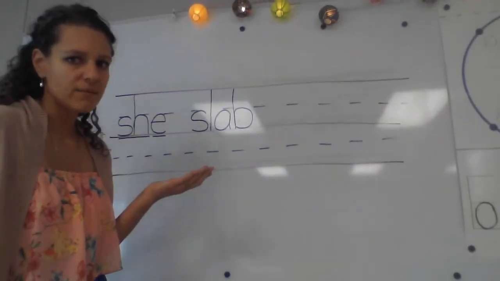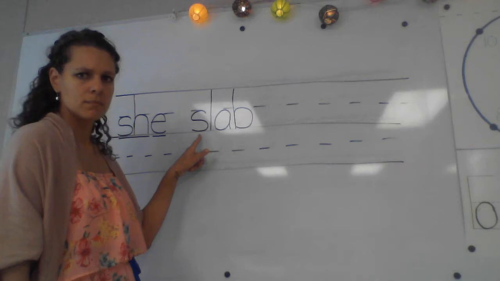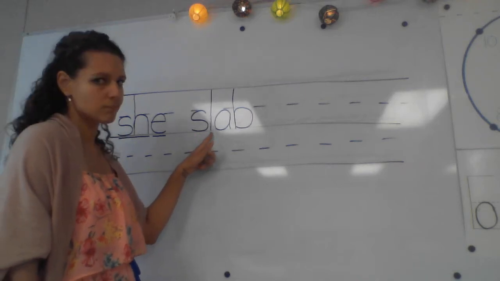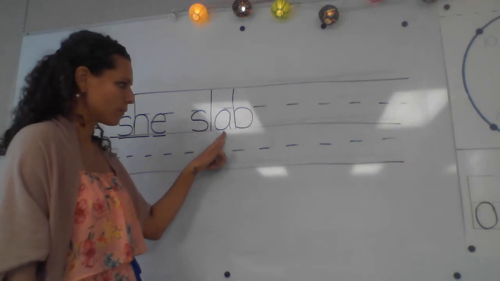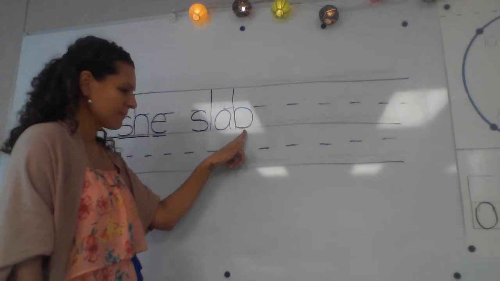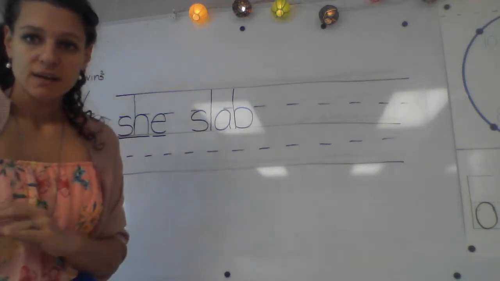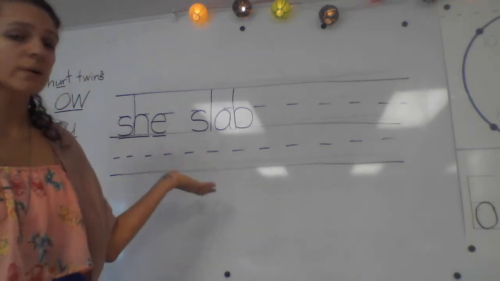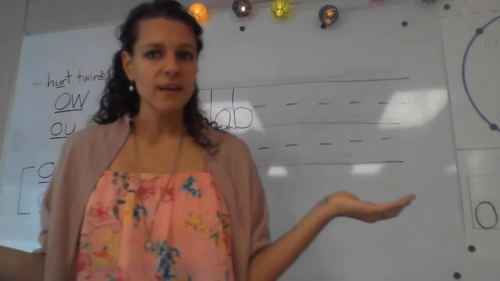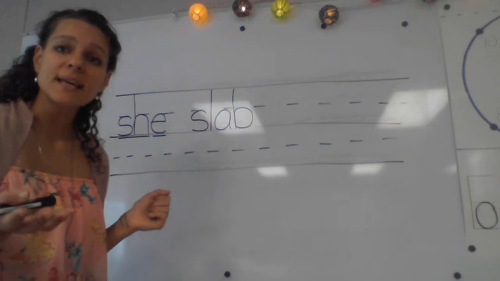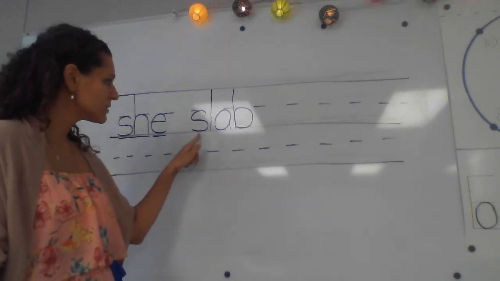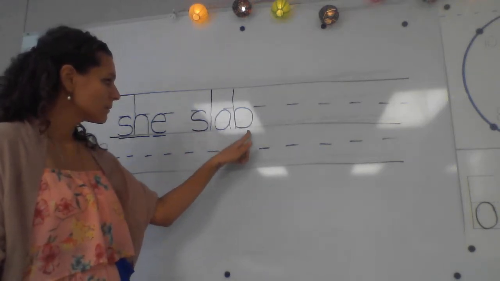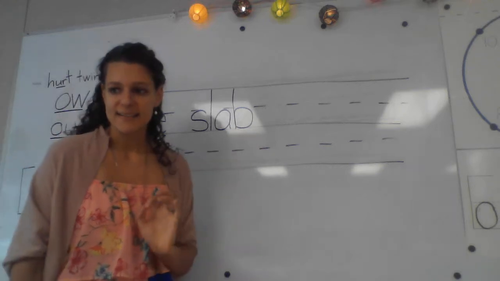All right, now let's see if we need to mark anything. Nope, there's nothing we need to mark there because that is a closed syllable and there's no 2-letter phonogram, so there's nothing we need to mark at all. Let's say our sounds and put them together. Excellent.